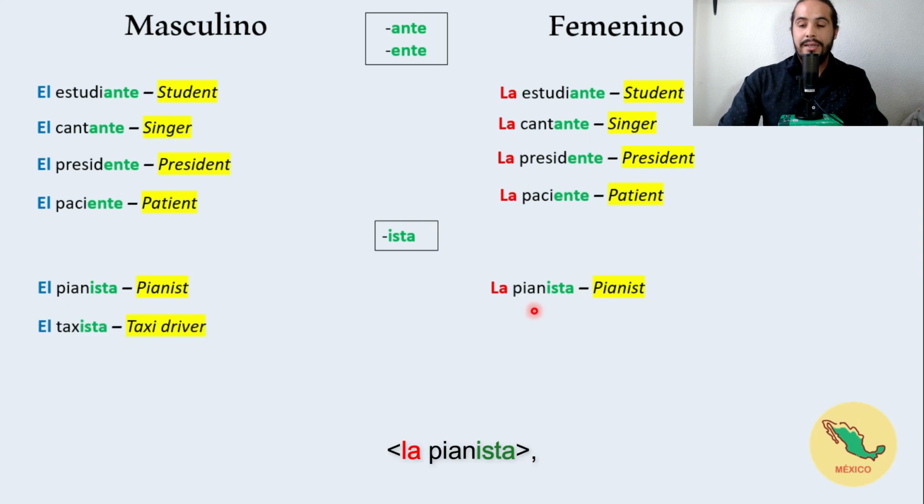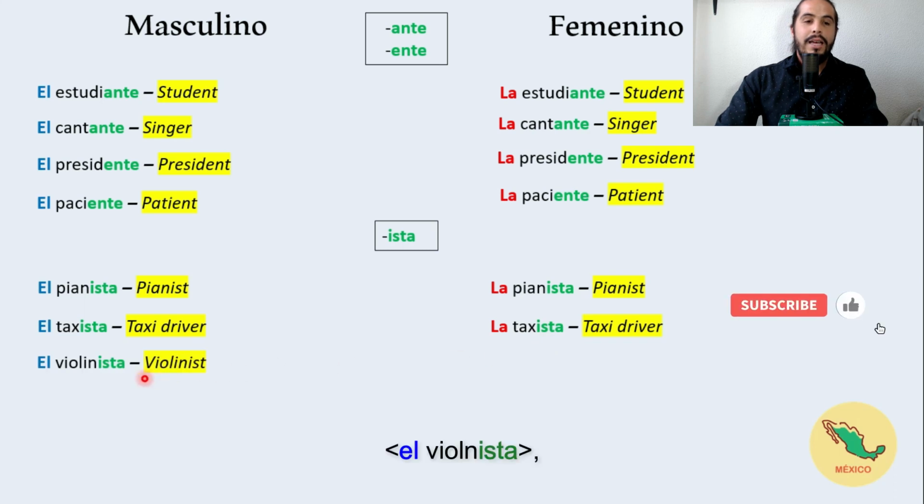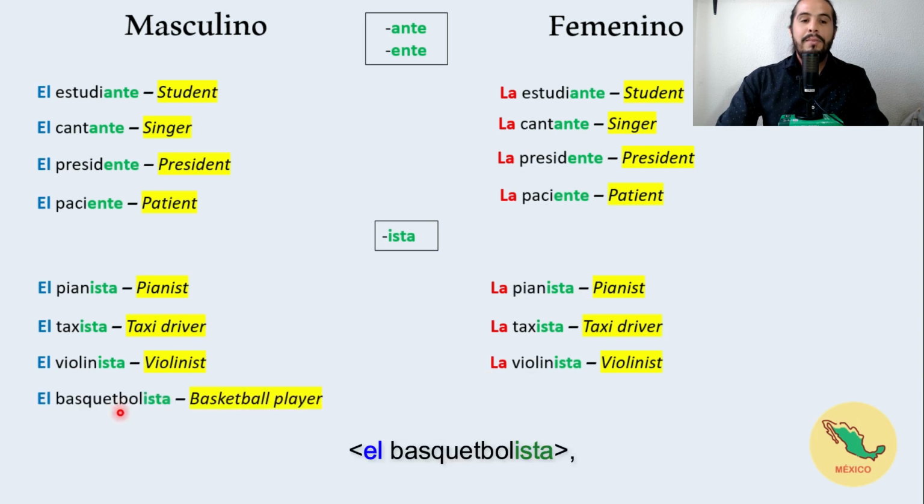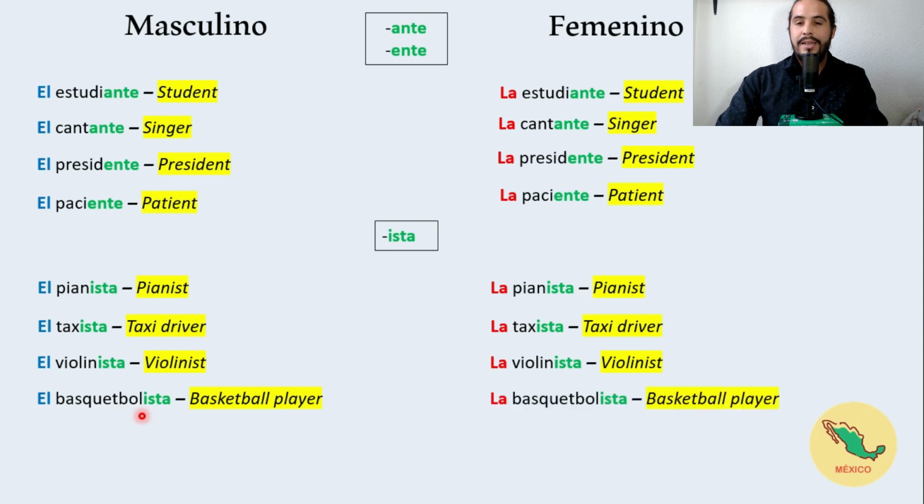El taxista, la taxista, el violinista, la violinista, el basquetbolista, la basquetbolista.